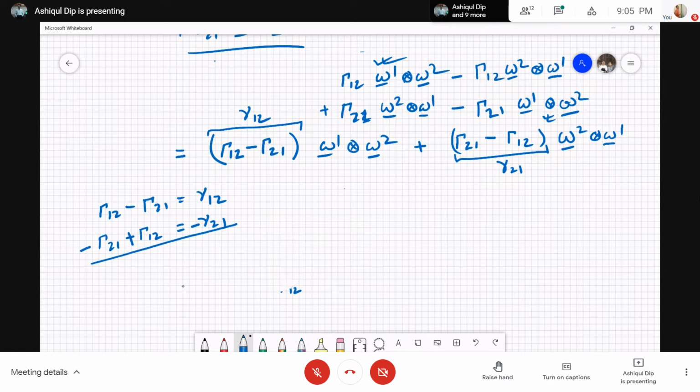Okay, so what do you get? These two things are same. So twice gamma 1 2, then minus twice gamma 2 1 equals to gamma 1 2 minus gamma 2 1.